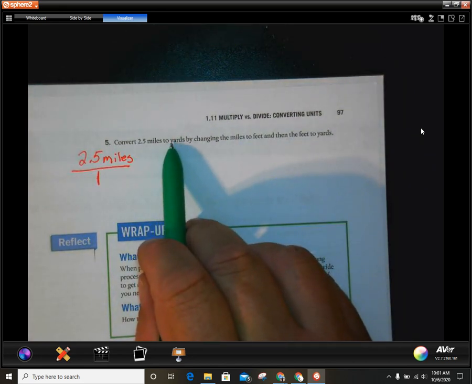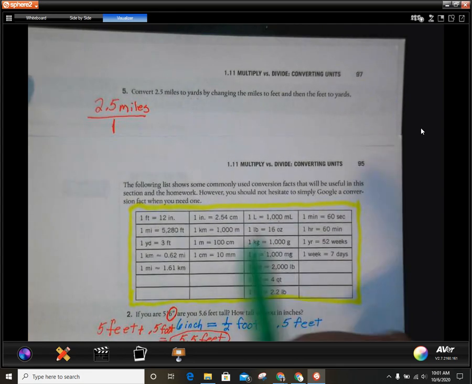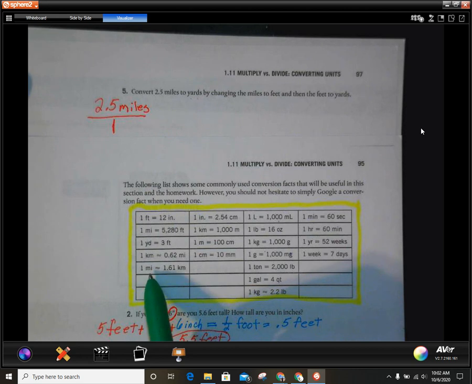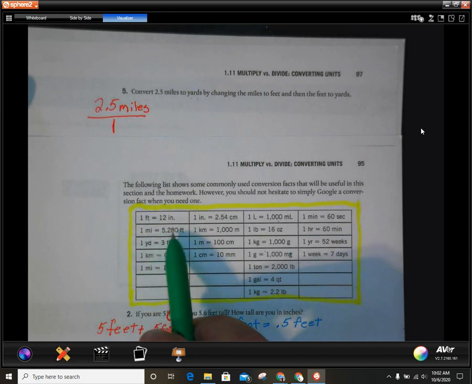And we need to change it to yards. So I'm going to go back to my little chart and see if there's a relationship between miles to yards. I see miles to feet, miles to kilometers. So let's go to miles to feet.